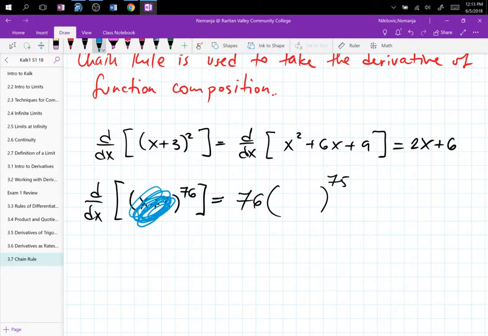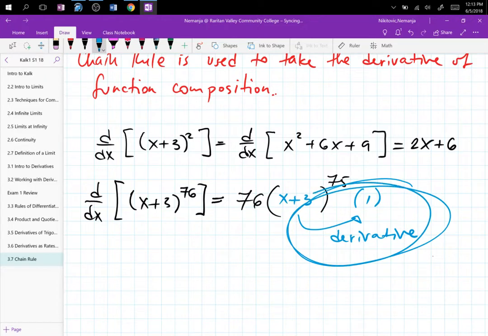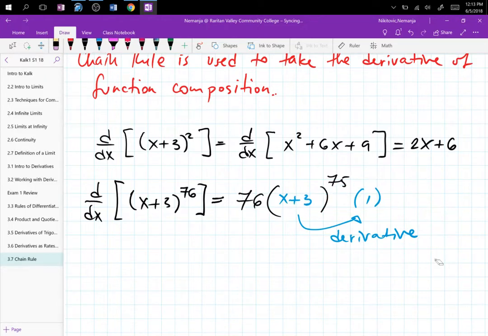Now we can reveal what that is and fill in x plus 3 in here. And then we are going to multiply by the derivative of that inside. What we just did is we created the chain rule procedure. This part over here is called the chain, that extra derivative step.